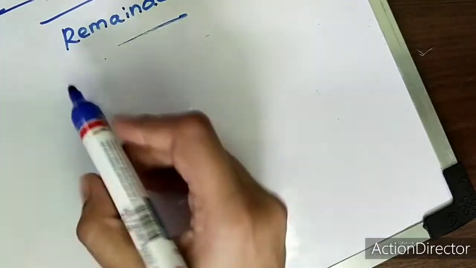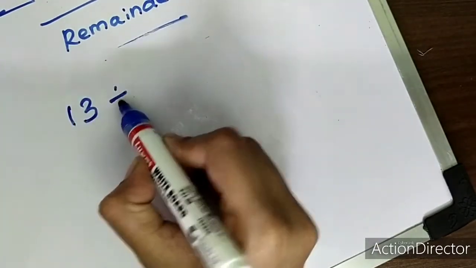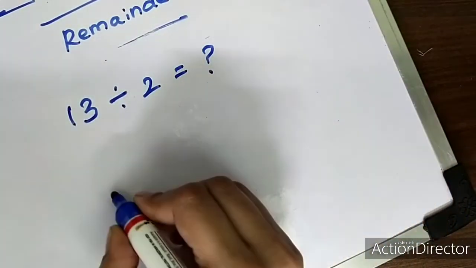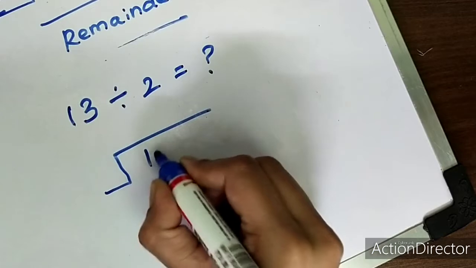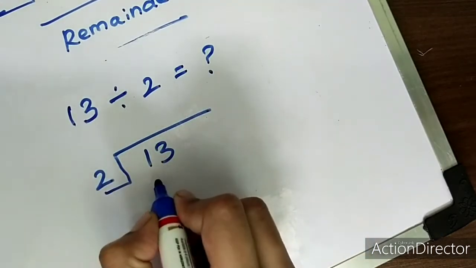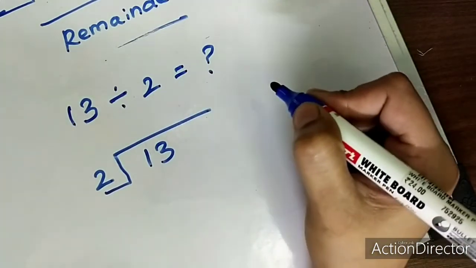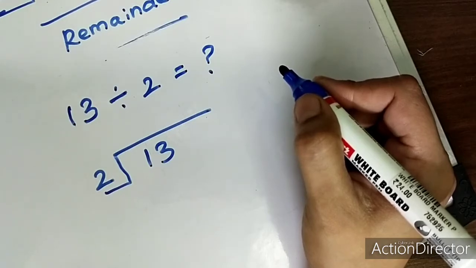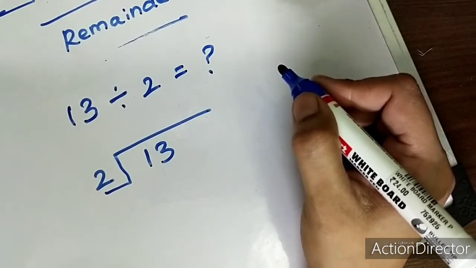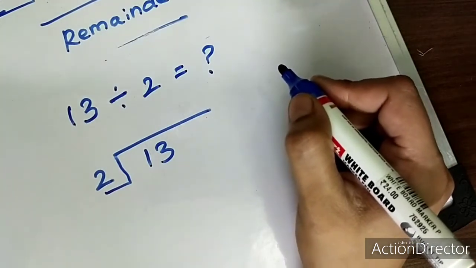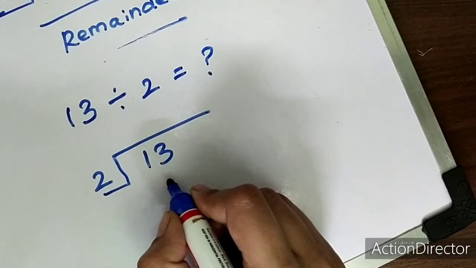Okay, one more sum. Tell me one number. Yes, 13 divided by 2 is equal to what? So we'll divide now. 2 tables 13 will come. 2 ones are 2, 2 twos are 4, 2 threes are 6, 2 fours are 8, 2 fives are 10, 2 sixes are 12, 2 sevens are 14. It is going greater; 14 is greater than 13, so we should not take 14.